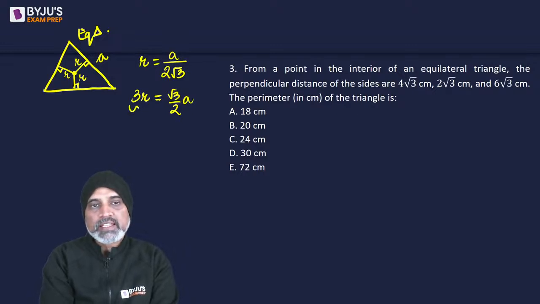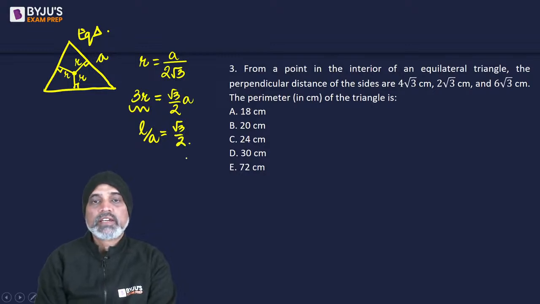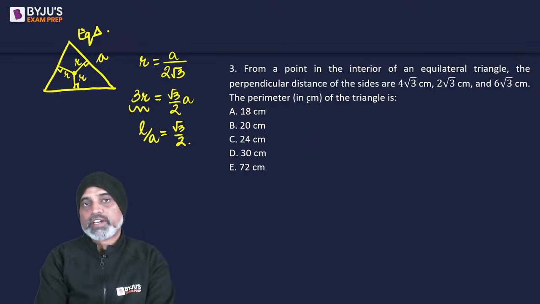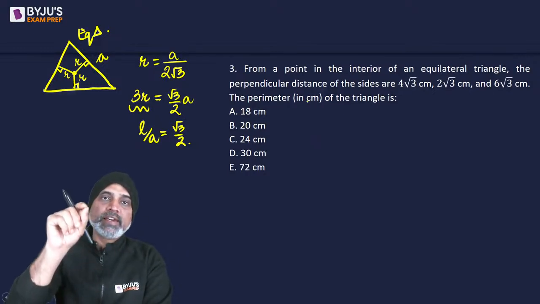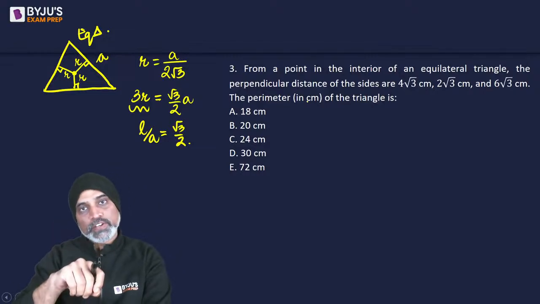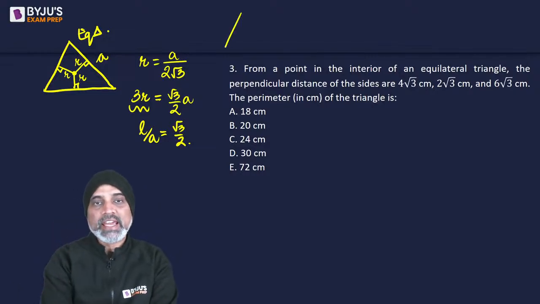If I say that the sum of all three inradii is equal to L, then the ratio between L and A is given as root 3 upon 2. I'm going to use the same logic over here, because this property is not only true for the sum of inradii of an equilateral triangle, but it is true for any point inside an equilateral triangle.